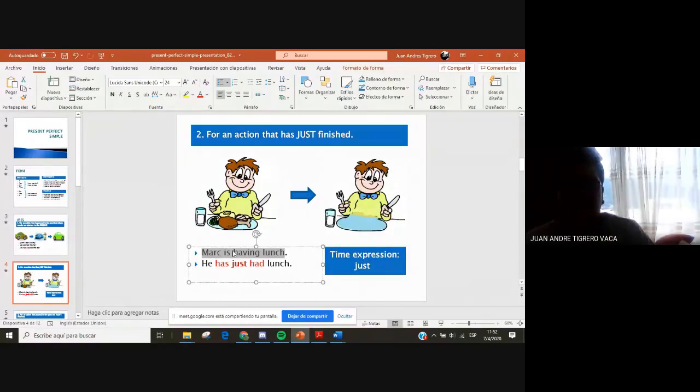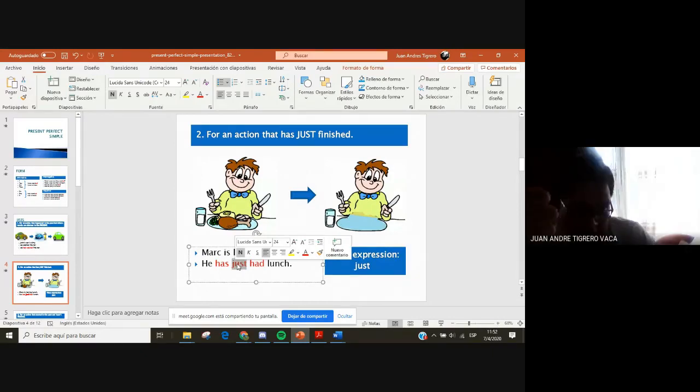Okay, he has just had lunch. This is "recién," or "hace poco." So he has just had lunch. Okay, remember these two pictures, but I will send this presentation to you. It is already uploaded to Irukai. Okay, remember this guy having lunch. He has just had lunch.